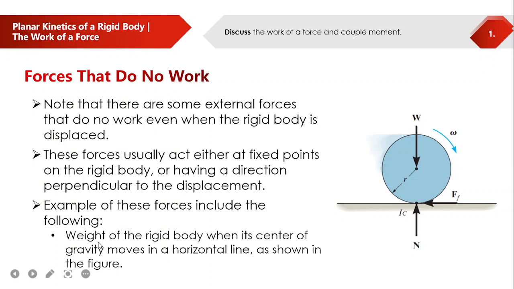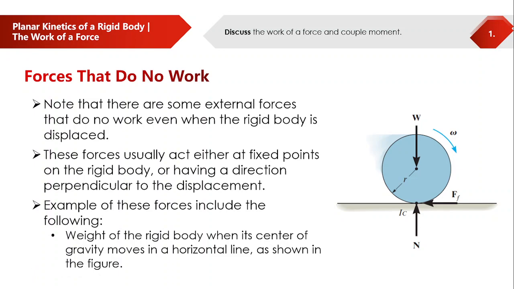So, example: weight of the rigid body when its center of gravity moves in a horizontal line as shown in the figure. So, para siyang movement sa screen. When you're facing your screen right now, the movement of this circular disc is to the right, okay? So yung weight mo, again, ang sinabi natin kanina, work of weight is the vertical displacement.